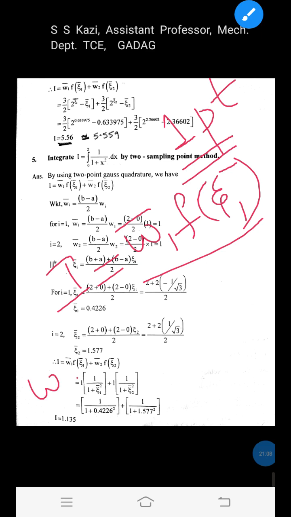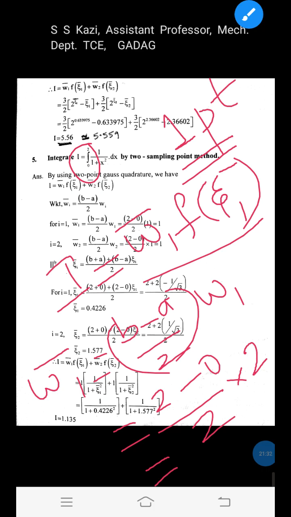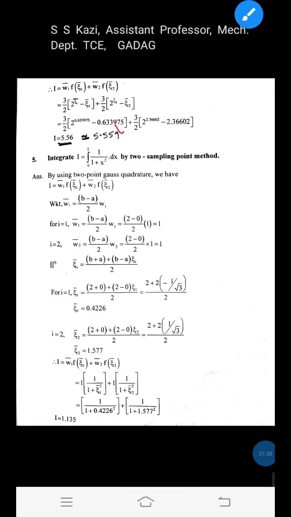You write w1 bar as b minus a by 2 into w1, where upper limit b is 2 and lower limit a is 0, divided by 2 into w1. What is w1 for the Gauss 1-point method? w1 is equal to 2. If you substitute, we get w1 bar as 2.